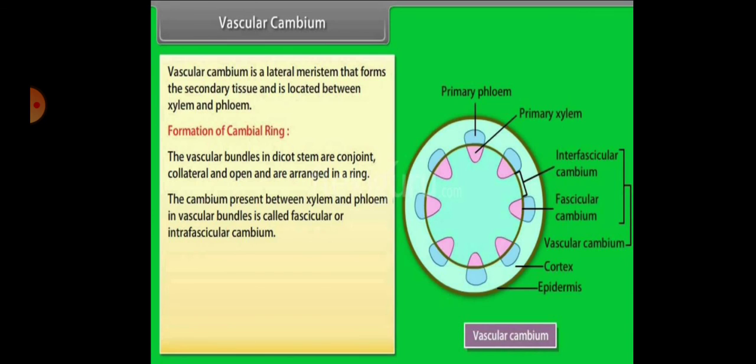So this is a very important function done by this cambium. This vascular cambium is a lateral meristem, as I have told earlier, that forms the secondary tissue and is located between xylem and phloem.